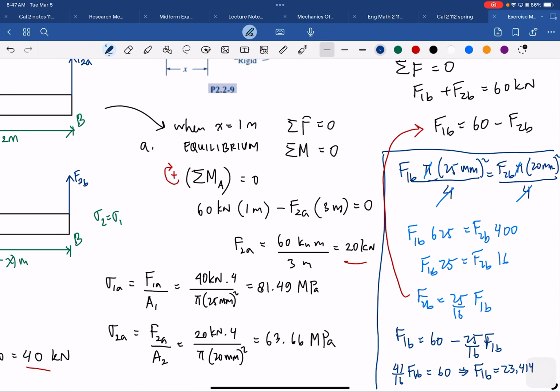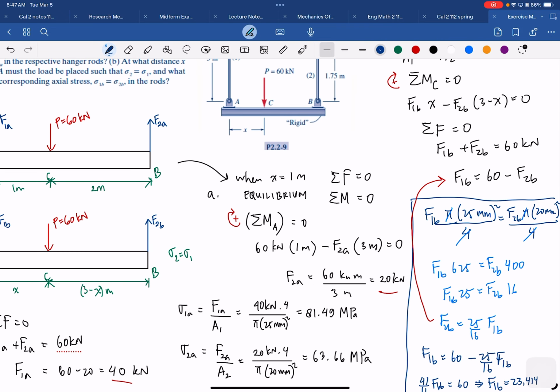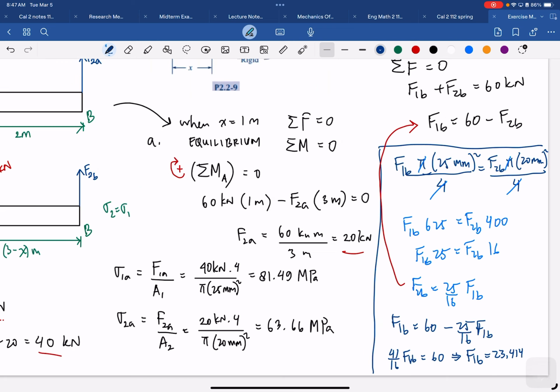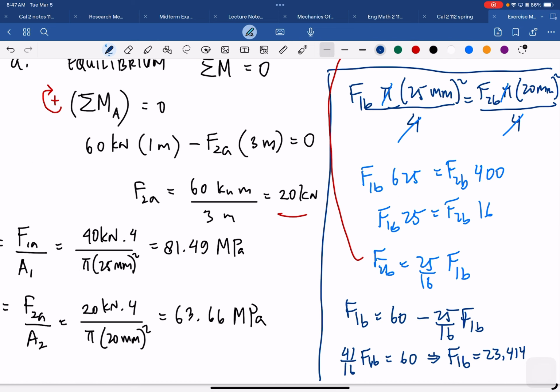And then bring everything back to this equation here, and then you get F2B, so minus 60. So F2B is, let me write here, F2B is 36.585. This is kilonewton. Forgot to write the notation, the unit.